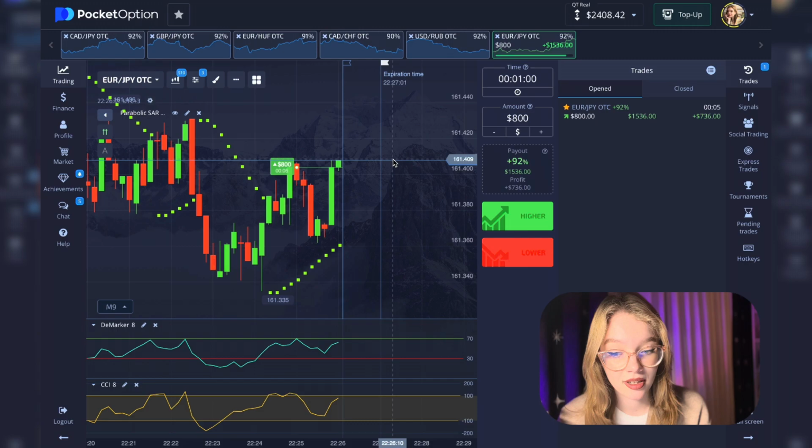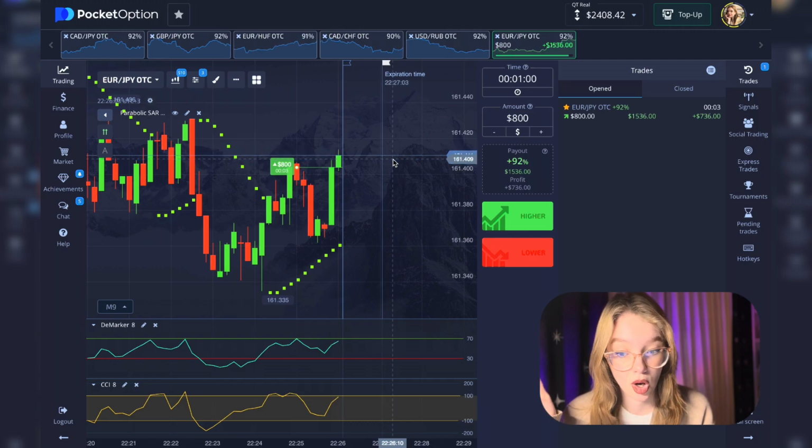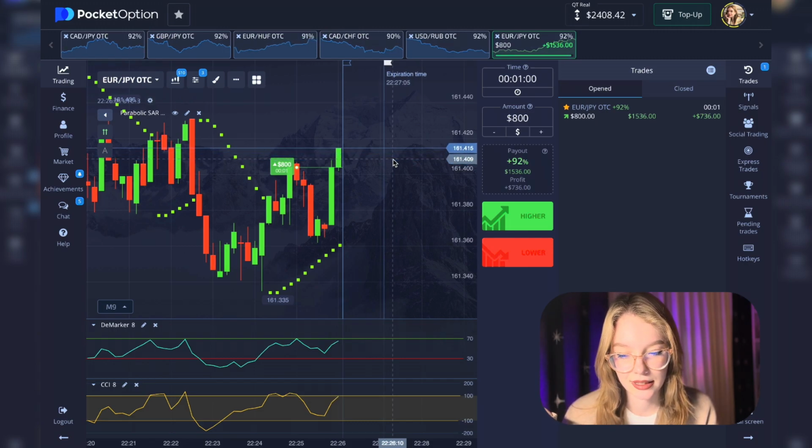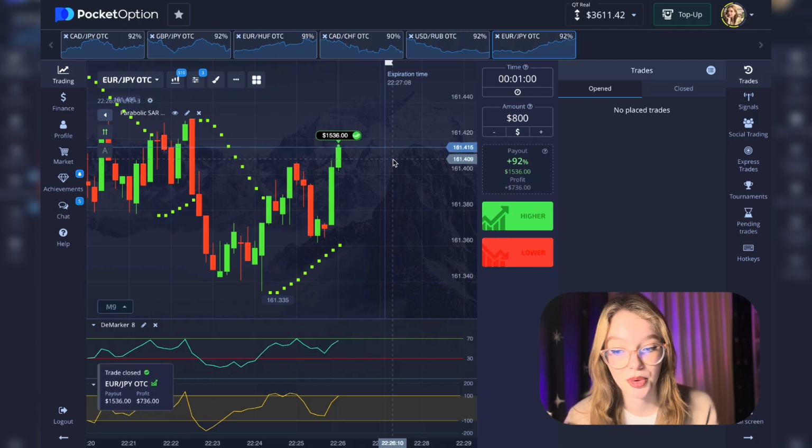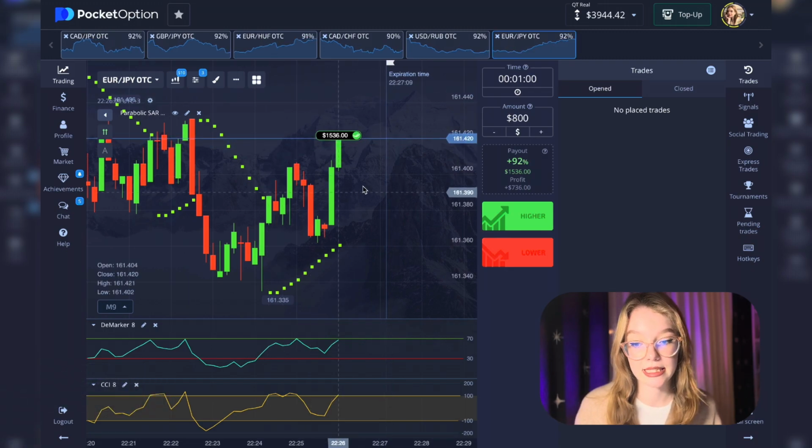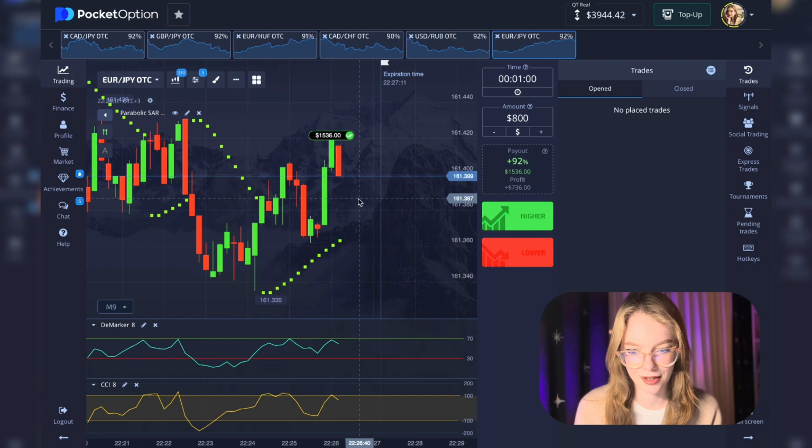In the terminal, CCI, like all oscillators, is in a separate window traveling around the zero level. It has an overbought zone which is above 100 and an oversold zone which is below the minus 100 mark.